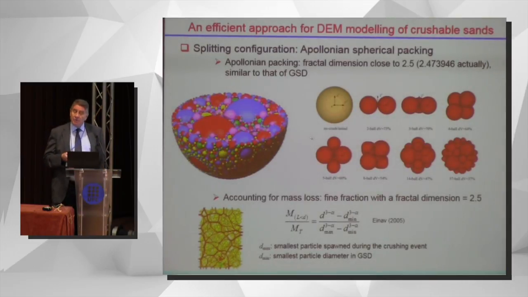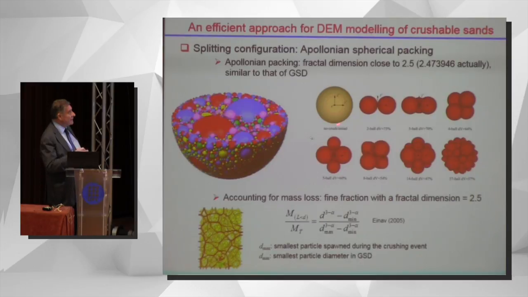The second important thing is how we split the particle. To do that, we use the Apollonian spherical packing because it's reproducible. You can get as many spheres as you want. And it also has the nice property that the fractal dimension, this is a fractal, is 2.47, so very close to the 2.5 typical of the grading of the sand.